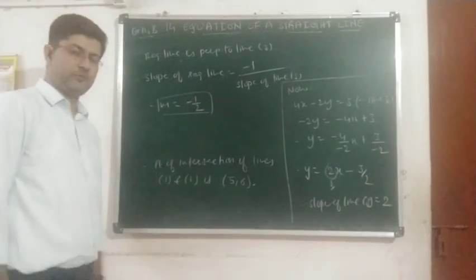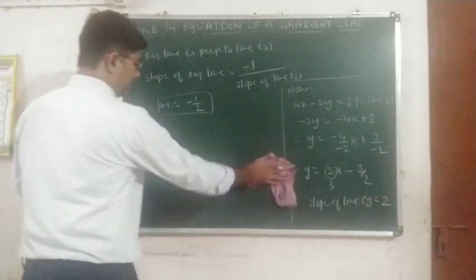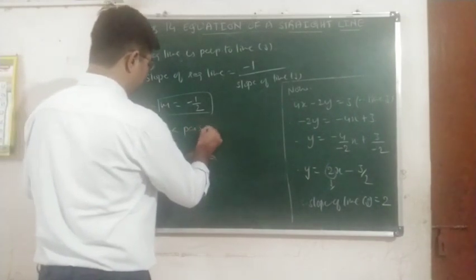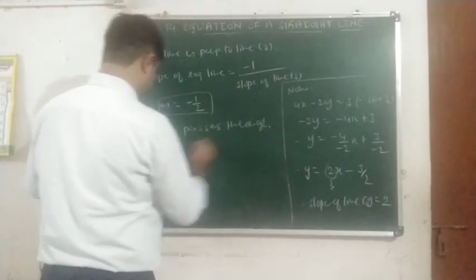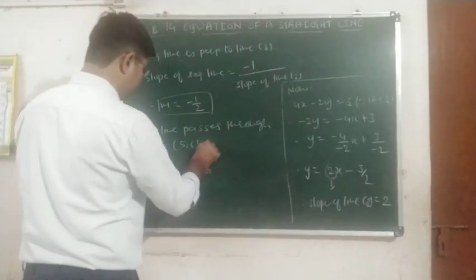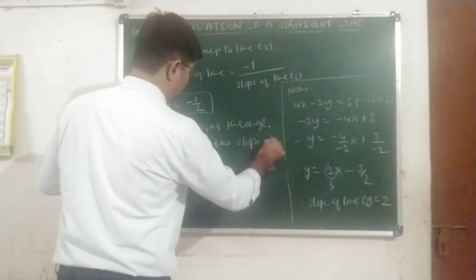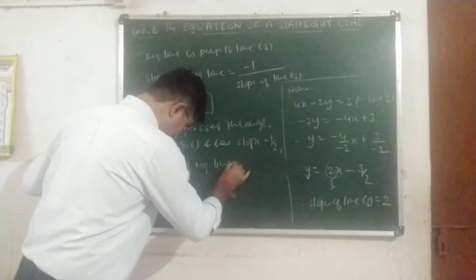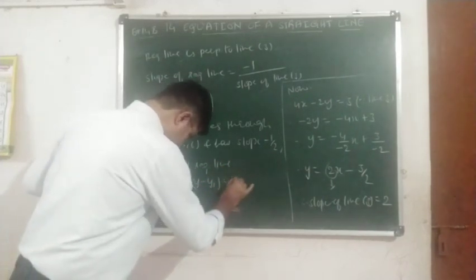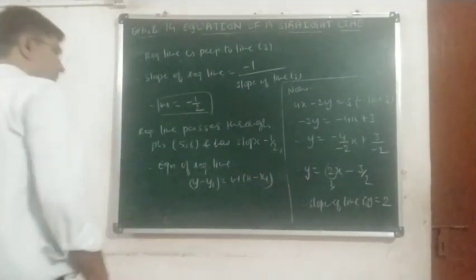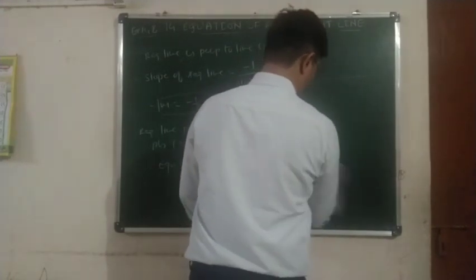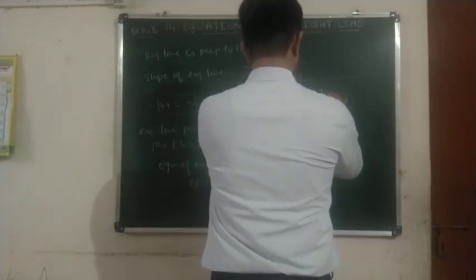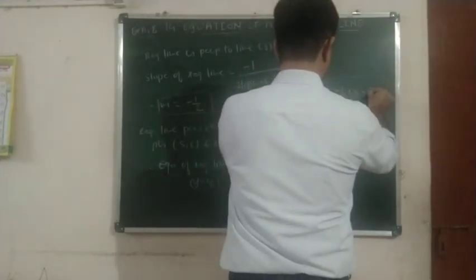Now we have got the point and slope, so we can use the point slope formula. The required line passes through the point 5, 6 and has slope minus 1 upon 2, and therefore the equation of the required line will be y minus 6 is equal to minus 1 upon 2 into x minus 5.